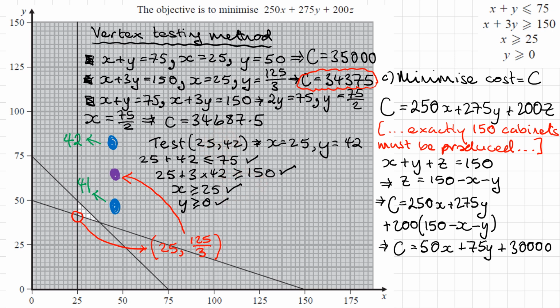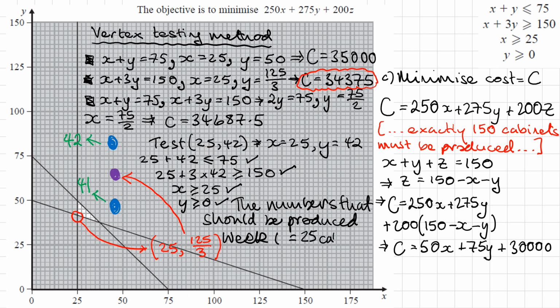So what we've got, the numbers that should be produced: week 1, which is x, they need to produce 25 cabinets. Week 2, they need to produce 42 cabinets.